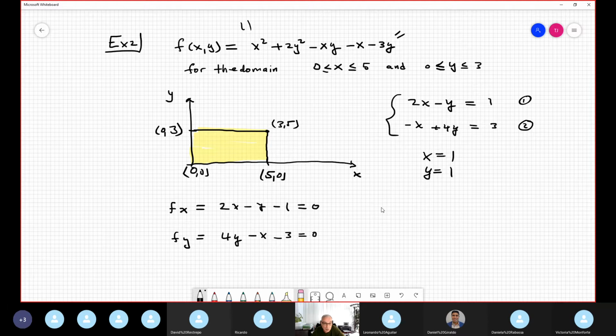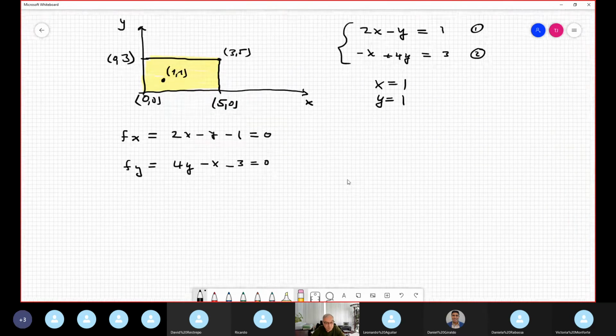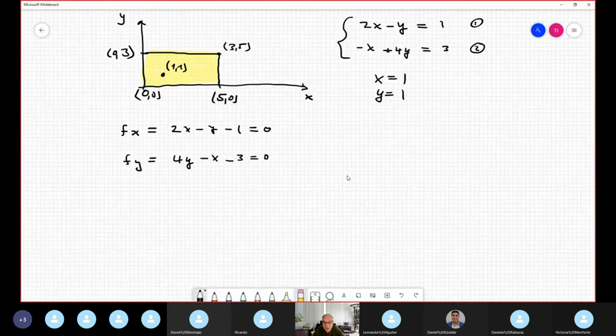Okay, the point 1,1 is here. 1,1 belongs to the region. Therefore, I care. It's important for me. It's the only critical point. So now I list the point. The point 1,1 is important.